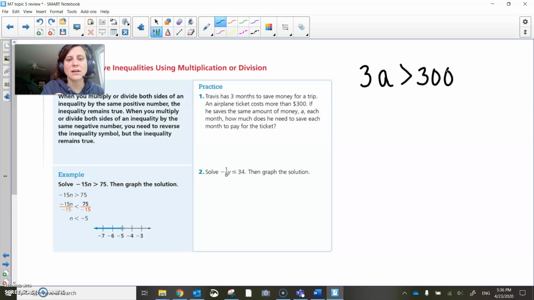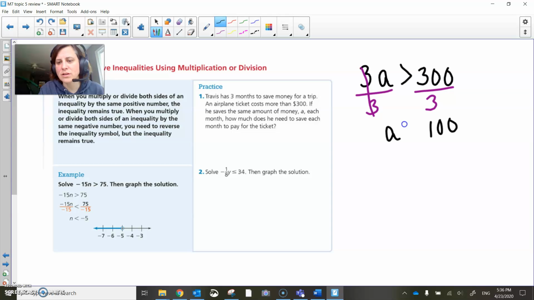To get A by itself, right now A is being multiplied by 3, so we're going to divide both sides by 3. 3 divided by 3 is 1, so A is all by itself. 300 divided by 3 is 100, and the symbol was a greater than sign. So Travis needs to save more than $100 every month in order to have enough to pay for that ticket.